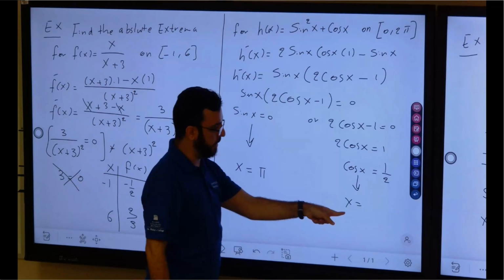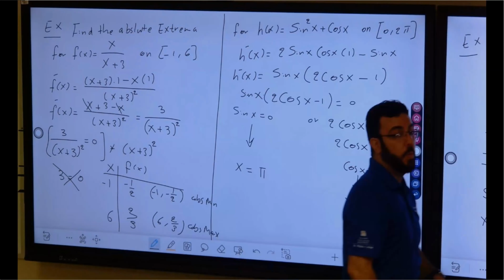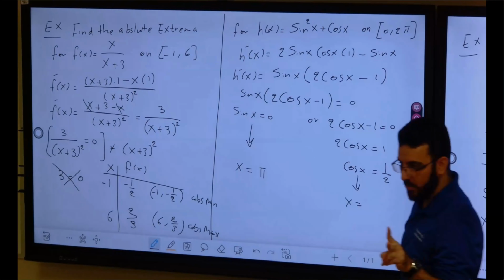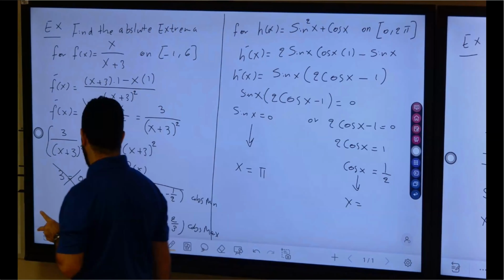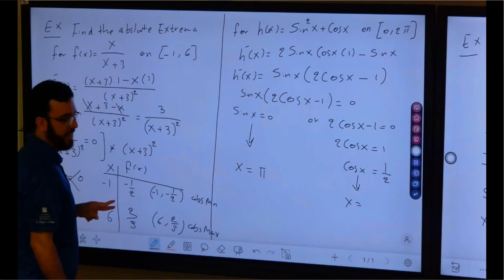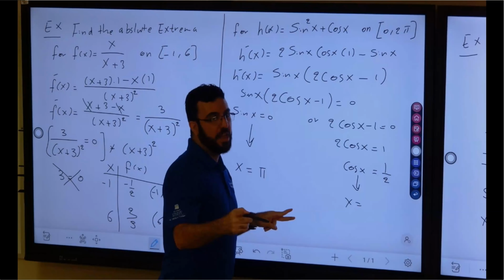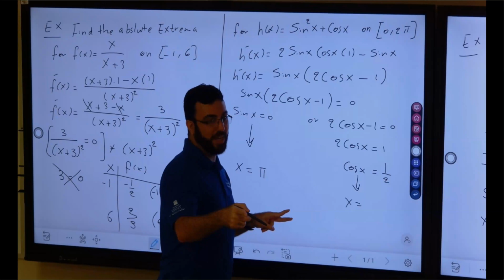Now, from here, which angle gives you half? Two angles give you half. It's going to be 60 degrees, and 120. Tell me in radian mode.